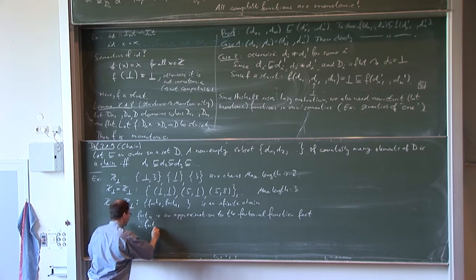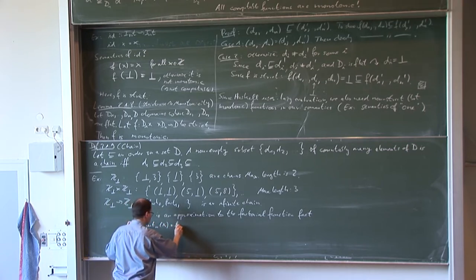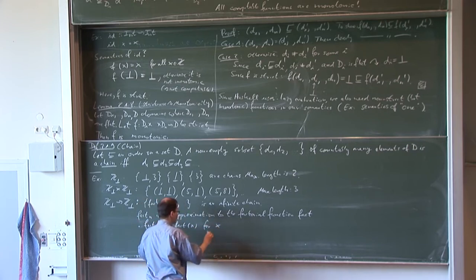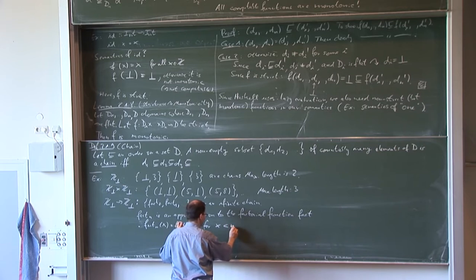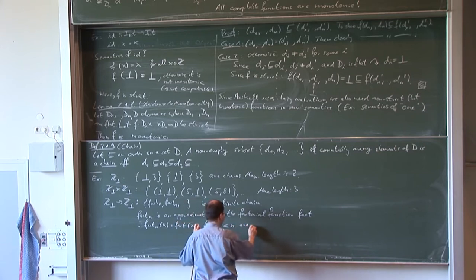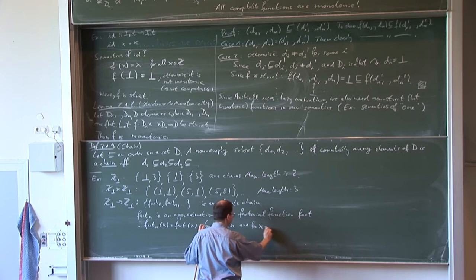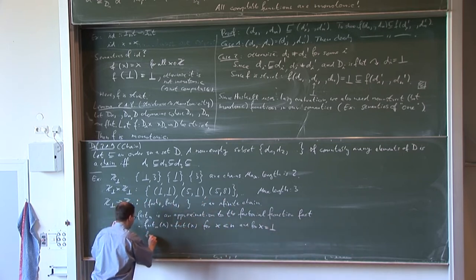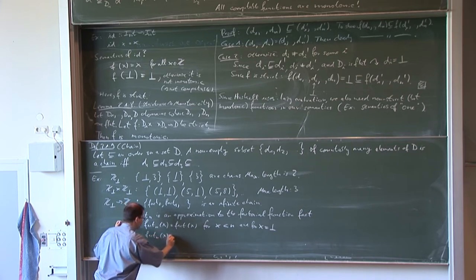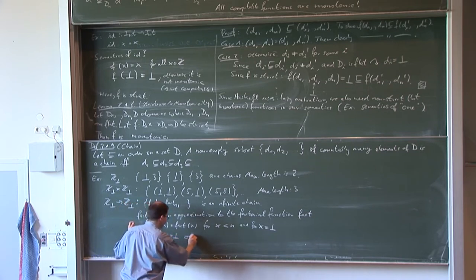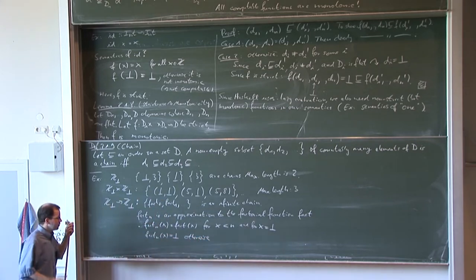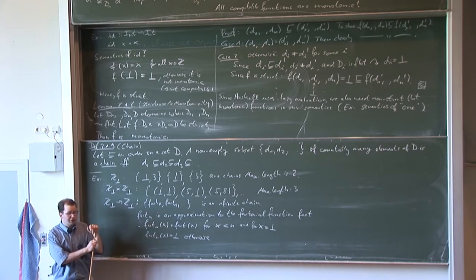So fact n of x is the factorial function for x less than n and also for bottom, and otherwise fact n of x is undefined. So they are approximations to the factorial function, and they get better and better.